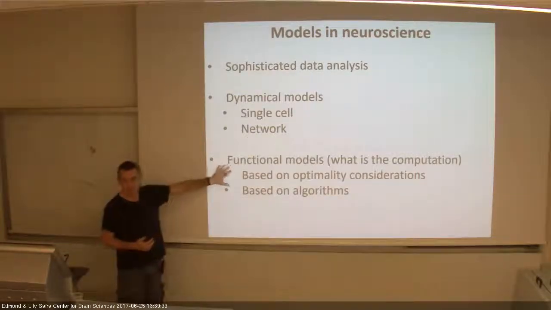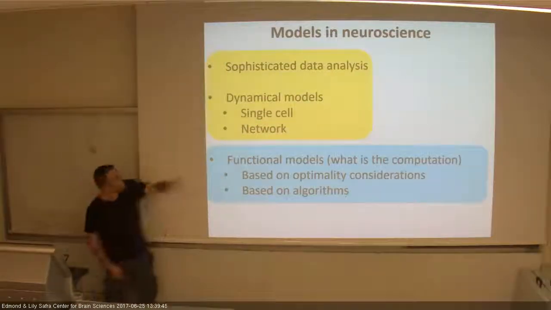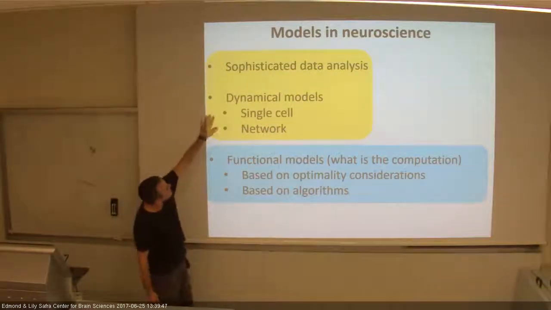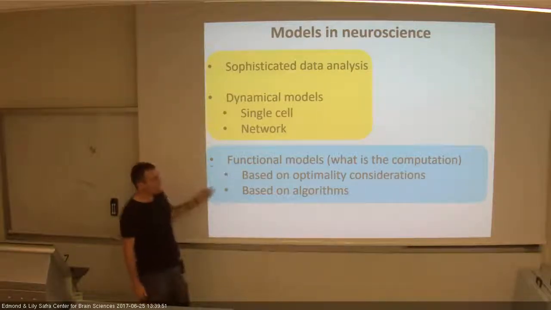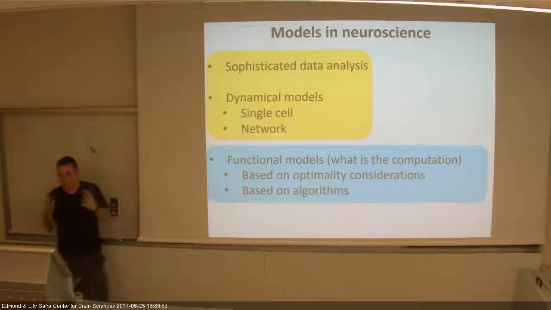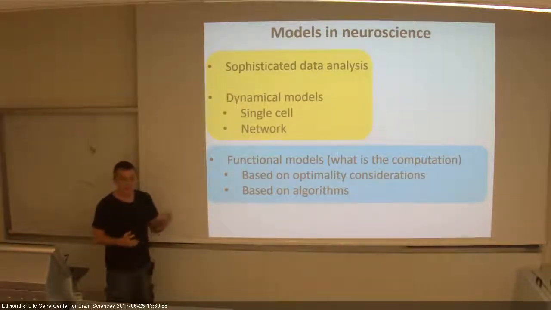So this is what's special about the brain. So this is why this is so interesting. Of course, in this course we did this. I even have colors. Okay, so we did this. I don't know about the sophisticated data analysis, but we did mostly this. And this is, in some sense, the more neuroscience special thing, or the biology special thing.